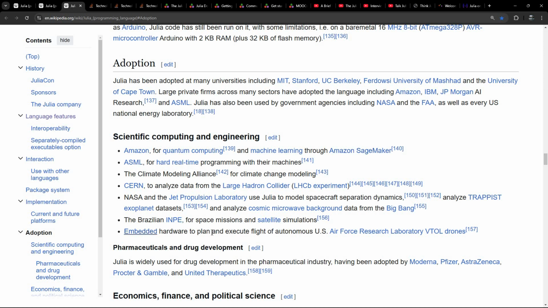It's interesting about this as well, embedded hardware. That's something that I've not really explored that much. So that might be an interesting sort of side quest to go down when I learn Julia, to see what sort of embedded hardware stuff I can learn. And then there's the whole pharmaceutical and drug development area.